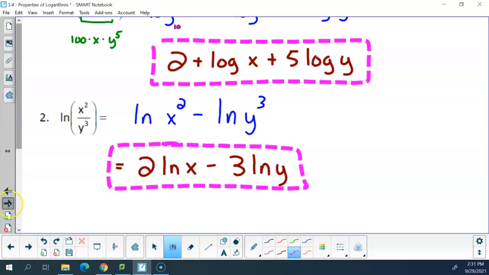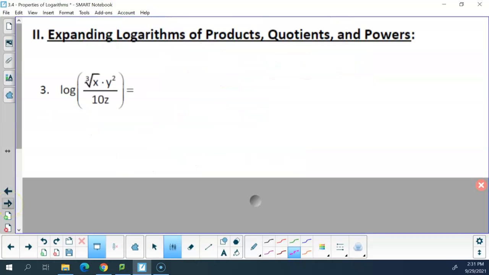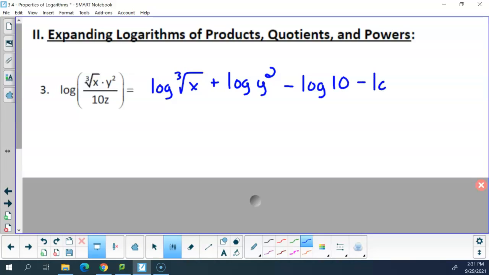Okay. For the third one, I start out by saying, well, this is log of the cube root of x plus log of y squared, because those are both being multiplied together. Then I'm going to subtract off log of 10, and I'm going to subtract off log of z.